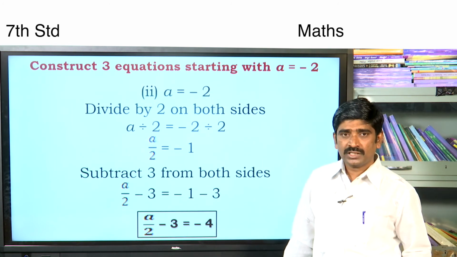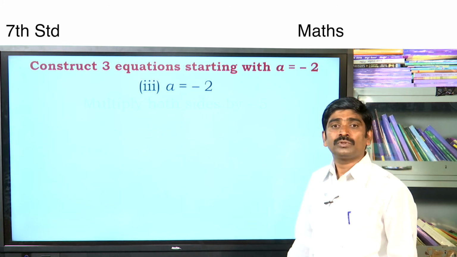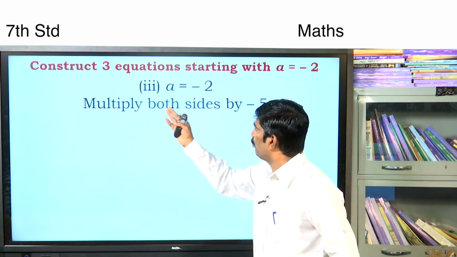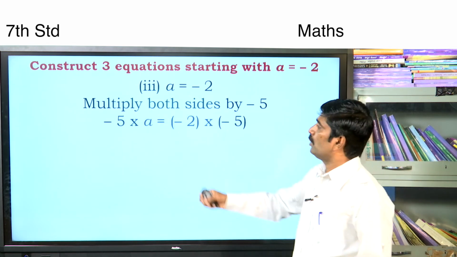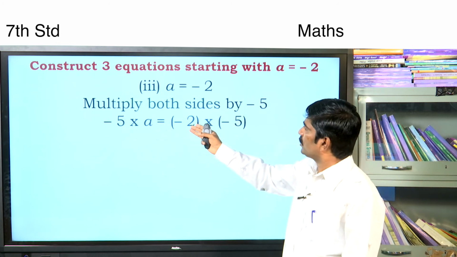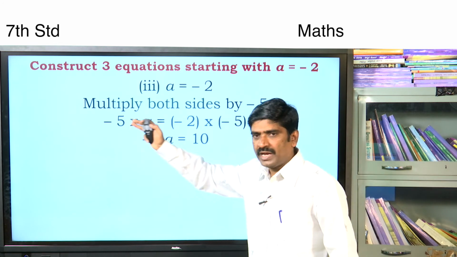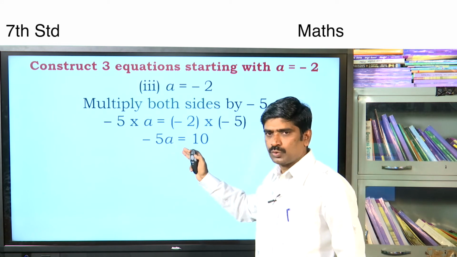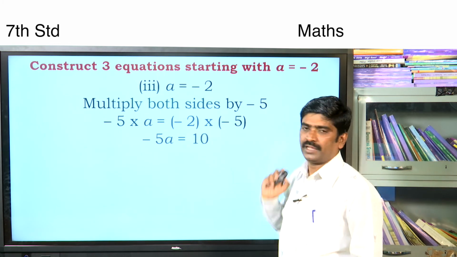We constructed the second equation. Third one, a is equal to minus 2. Multiply both sides by minus 5. Then minus 5 into a is equal to minus 2 into minus 5. That is minus 5a is equal to minus into minus plus, 2 fives are 10.